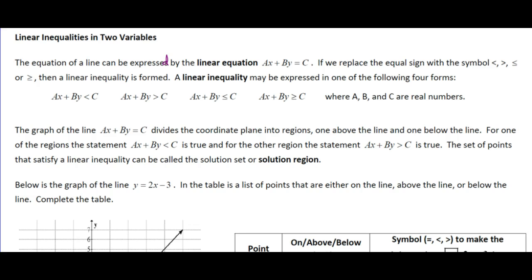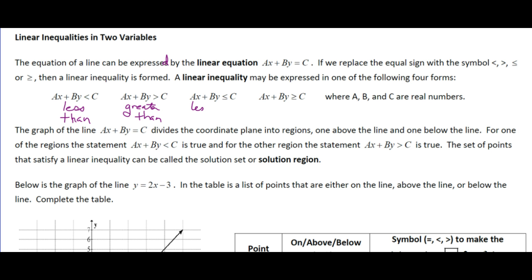A linear inequality may be expressed in one of the following four forms. Ax plus by is less than c. Ax plus by is greater than c.